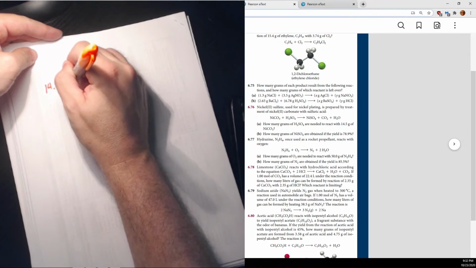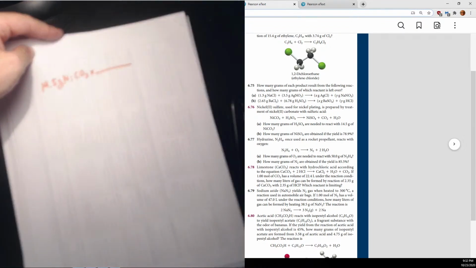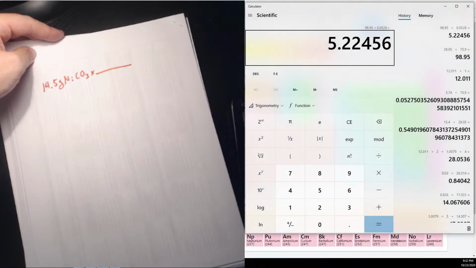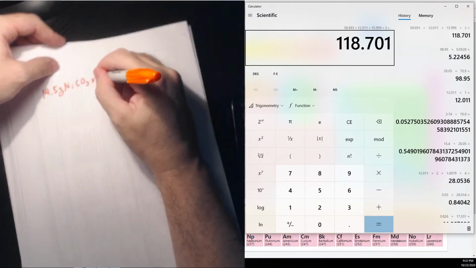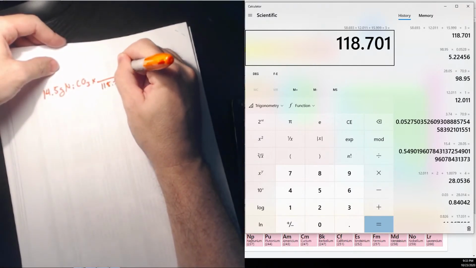14.5 grams of nickel(II) carbonate times 58.693 plus 12.011 plus 15.999 times 3 is 118.701 grams per mole.